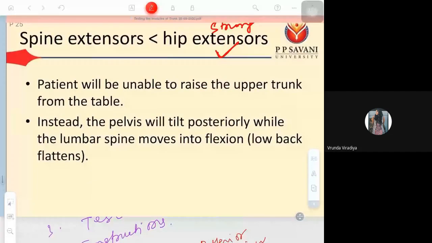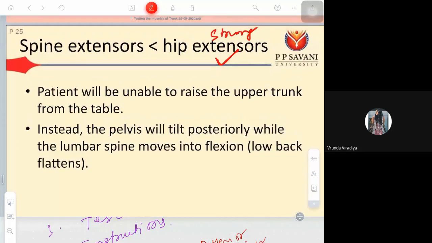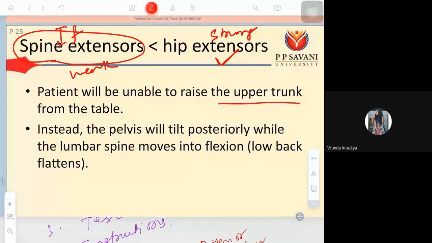If hip extensors are strong and spine extensors are weak, patient will be unable to raise the upper trunk from the table.